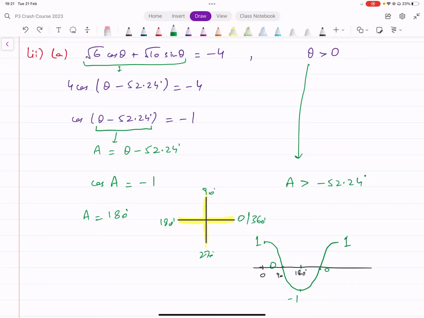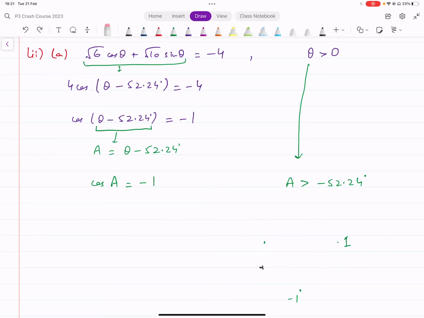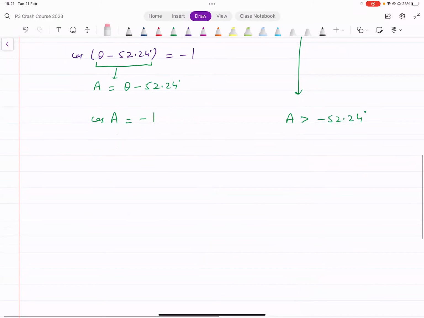They're all multiples of 90 or 0. If you remember the graph, you would say that A is 180. But if you don't, you just try all multiples of 90 in the given interval and see which ones work.